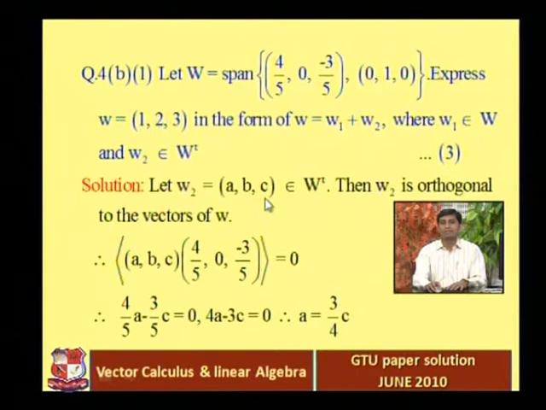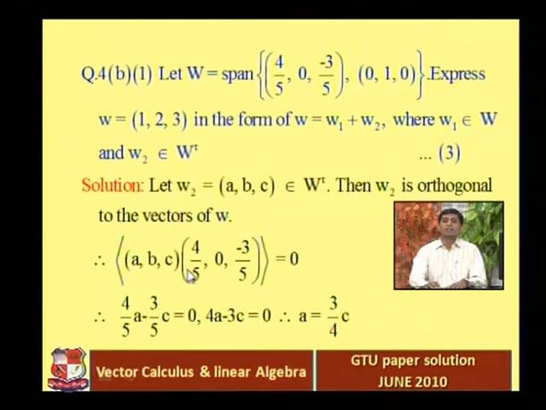Let W2 = (a, b, c) belong to the complement of W. Then W2 is orthogonal to the vectors of W, which means the inner product of (a, b, c) with the first vector and with the second vector are both equal to 0, using the definition of orthogonal complement.